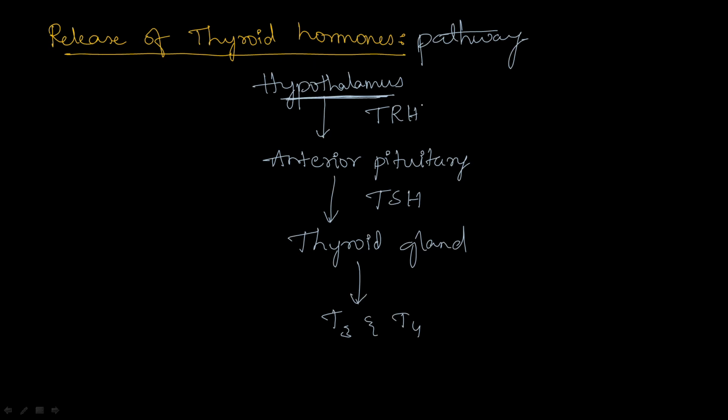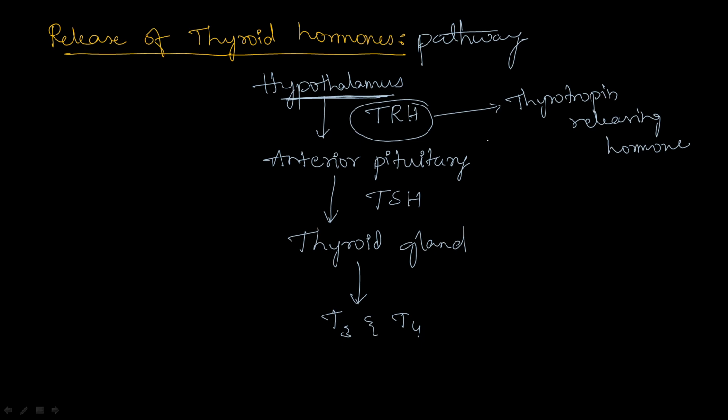Now what is TRH? TRH is nothing but thyrotropin releasing hormone. This hypothalamus releases thyrotropin releasing hormone, and this hormone acts on the pituitary gland, that is the anterior portion of the pituitary gland, and then it releases TSH.